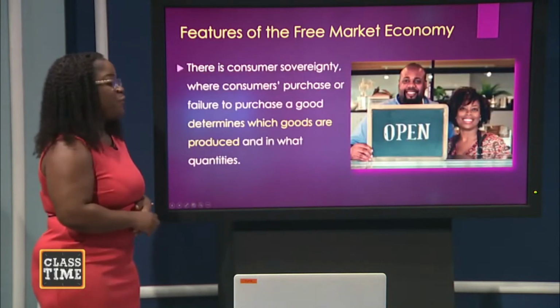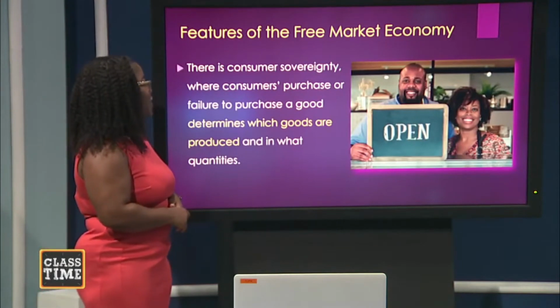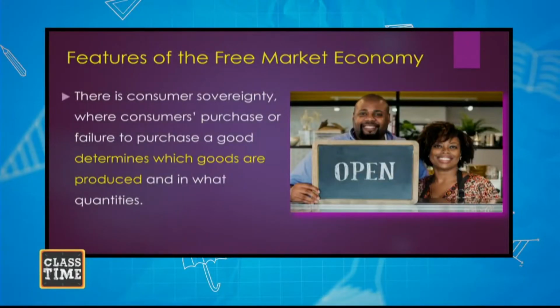One final feature of the free market economy is that there is consumer sovereignty. I think we've mentioned this somewhere along the way before. This is where consumers' purchase or failure to purchase goods determines which goods are produced and in what quantities.